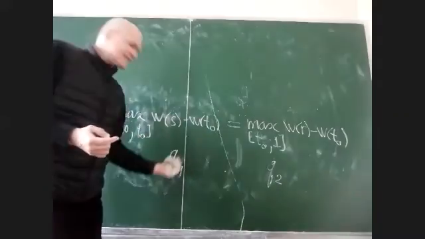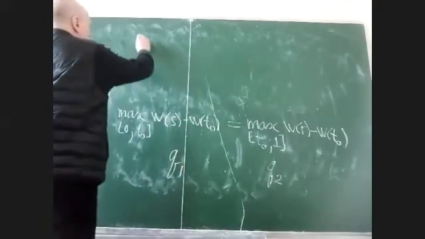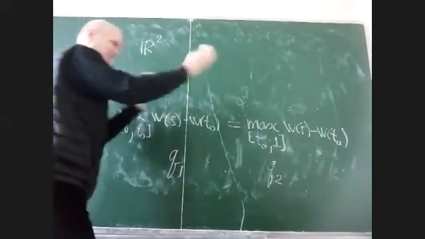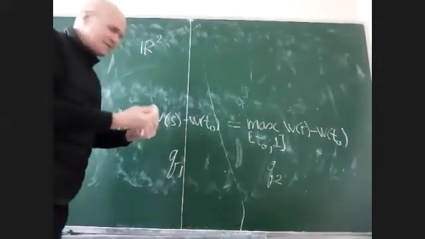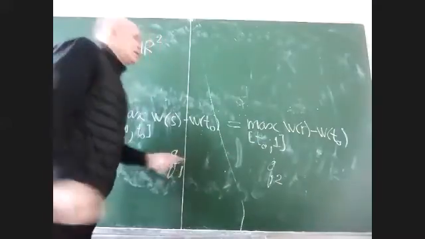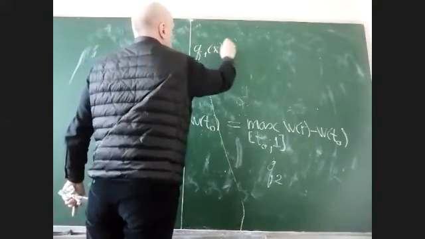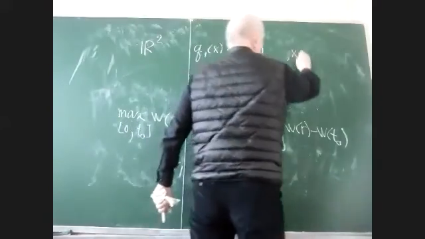Their joint distribution also has a density in R2, which is equal to the product of these densities, Q1(x) Q2(y).